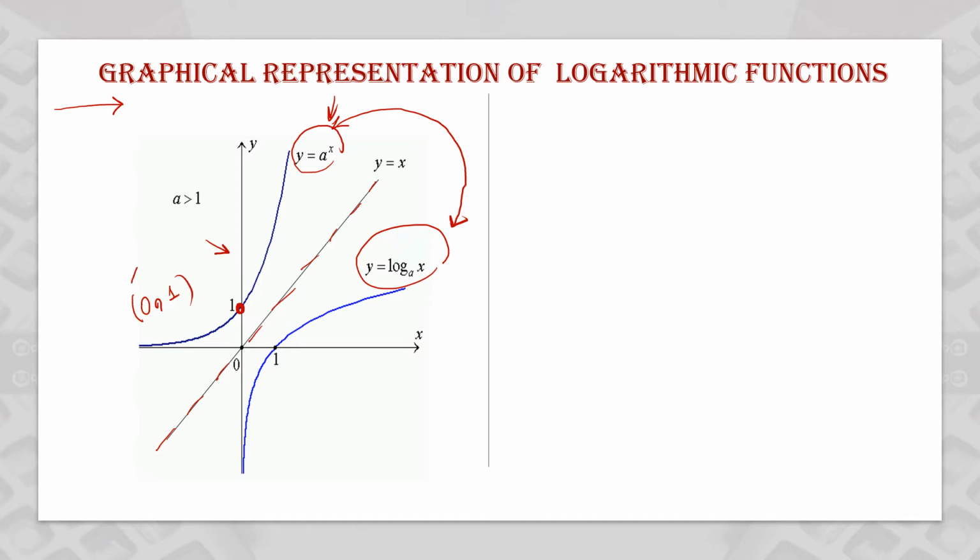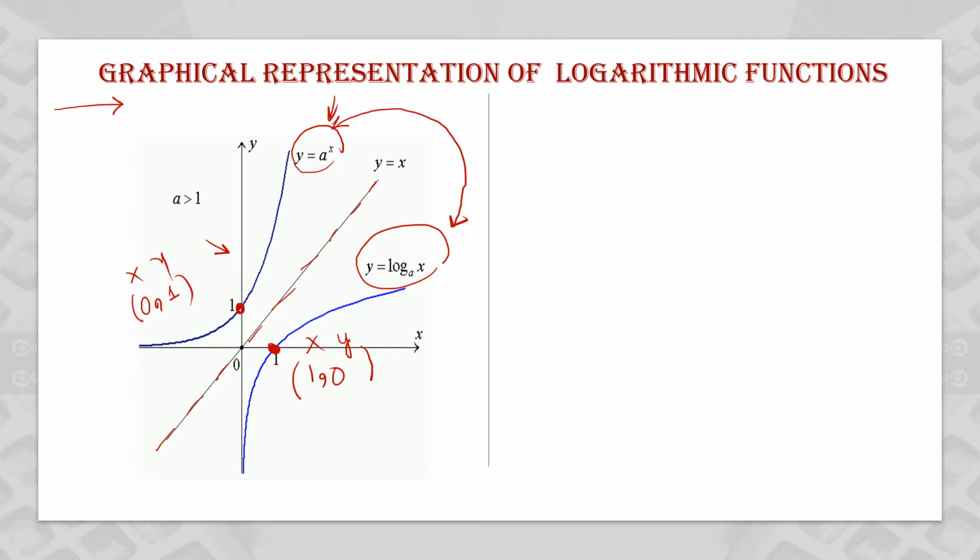It means that the x value is 0 and the y value is 1. Whereas the logarithmic function passes through 1 and 0. The x value is 1 and the y value is 0. So you can see that the domain becomes the range and the range becomes the domain of each other.